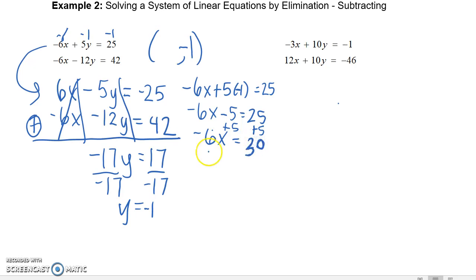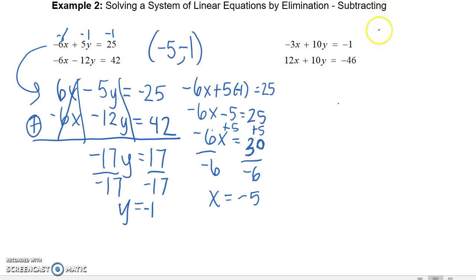Oh, whoops, even teachers mess up. So now I'm going to divide both sides by -6, and x equals -5. Okay, that's more like it. Sorry about that.